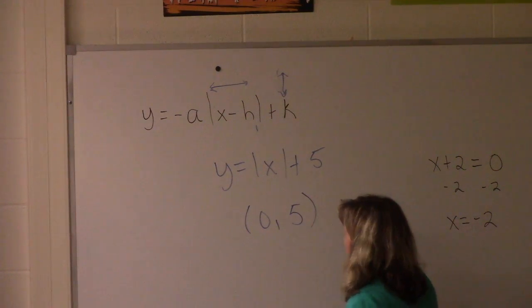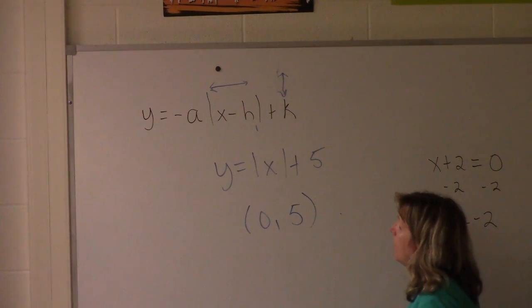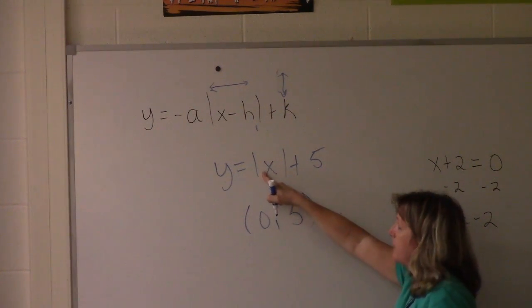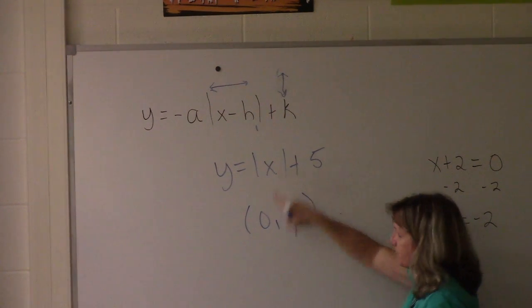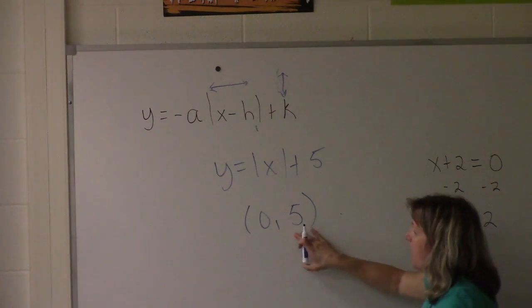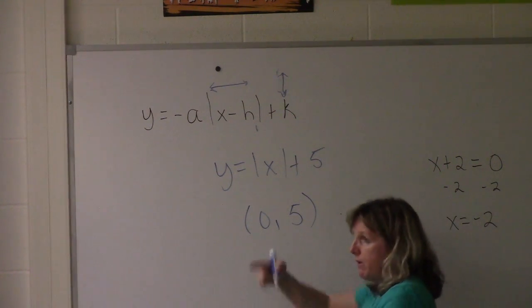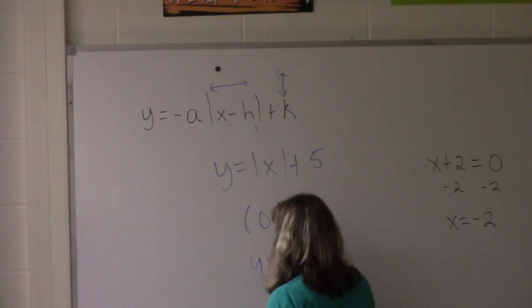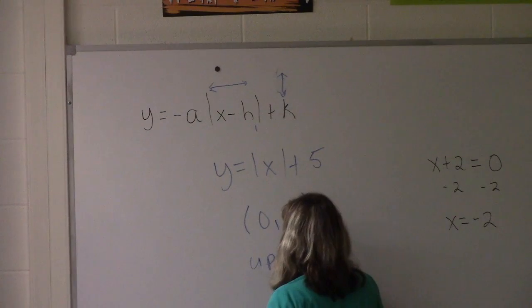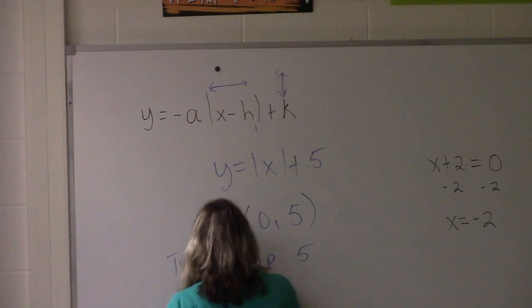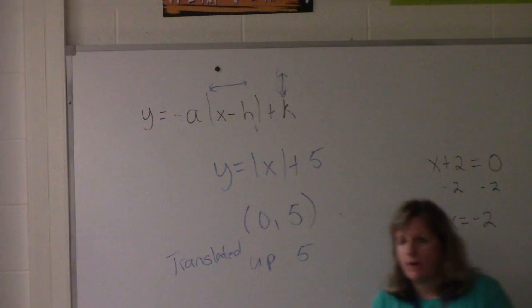On this side of the x is 0. That's a good number. So 0, 5: I went 0 in the left to right direction, but I went up 5. So I translated up 5 units.